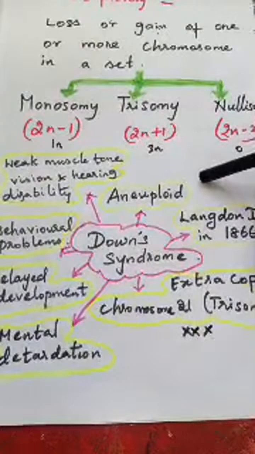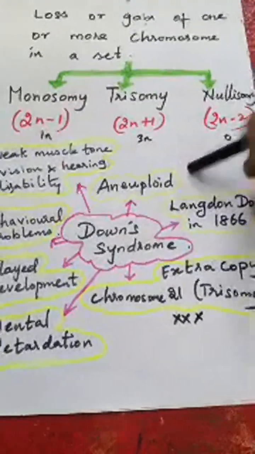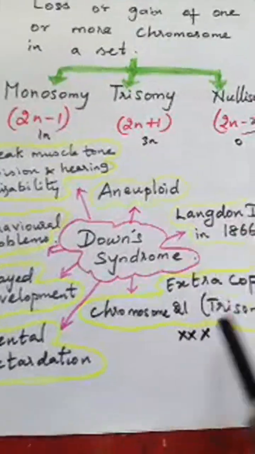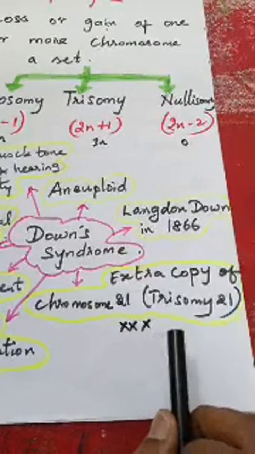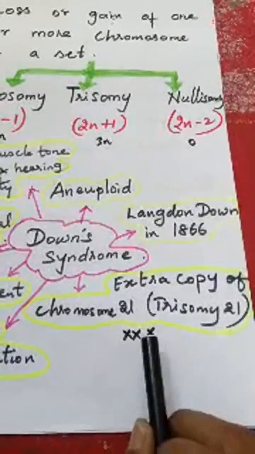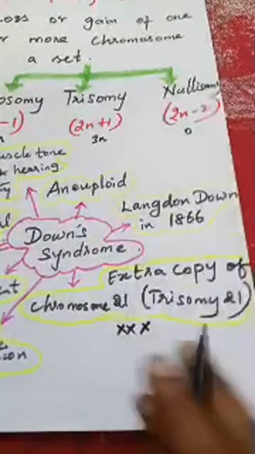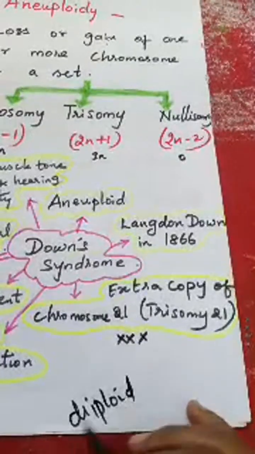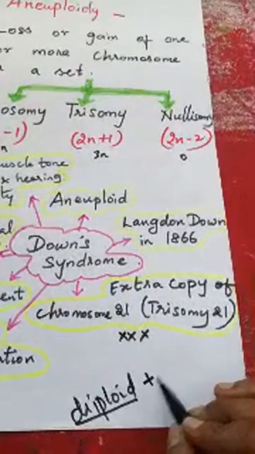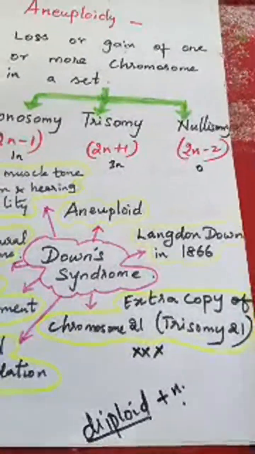Aneuploidy is nothing but the loss or gain of one or more chromosomes in a set. So what will happen here? This is a gain, yes or no? Here there is a gain, the extra copy of chromosome 21. Usually all the chromosomes will be diploid only, so instead of diploid, when one chromosome is added, it is the mutation.